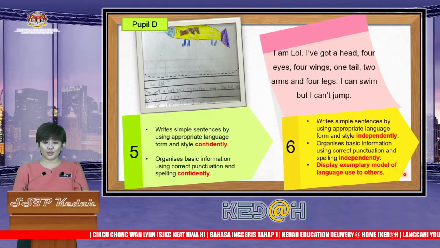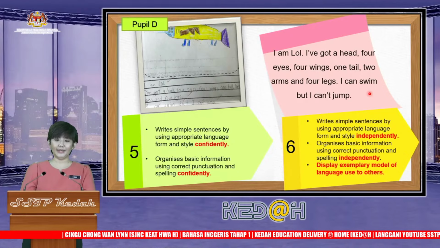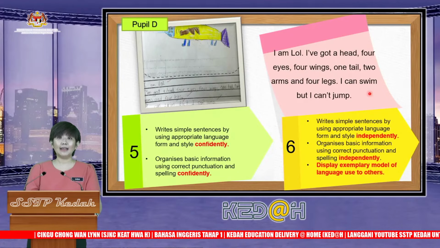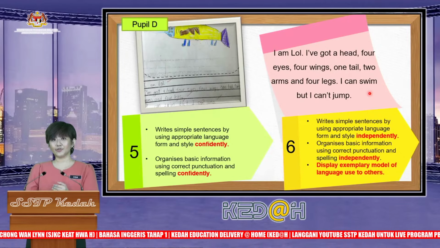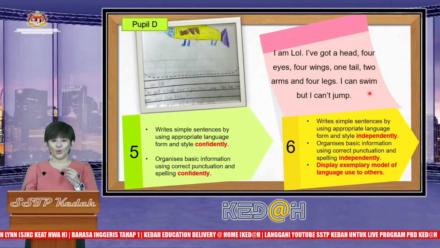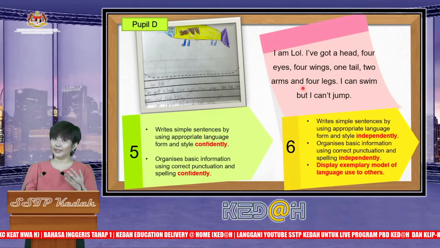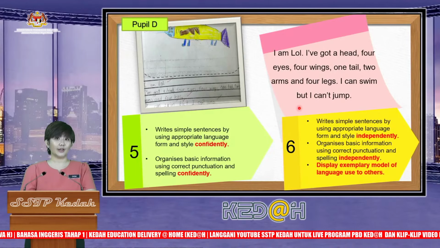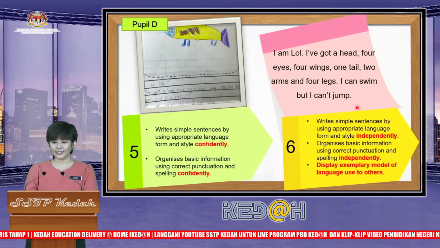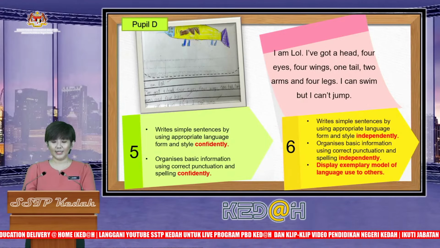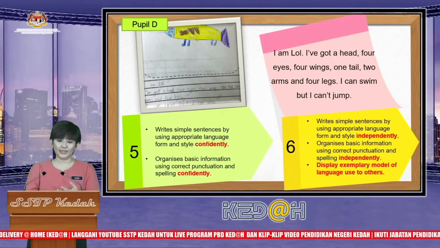Okay, so let's look at his work. Okay, again, there is hardly any mistakes in his work. So he has constructed a sentence with the conjunction and another with the conjunction but. Okay, he had picked up this sentence pattern from the previous activity and come up with his own.